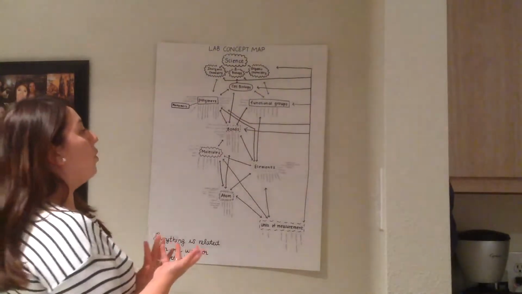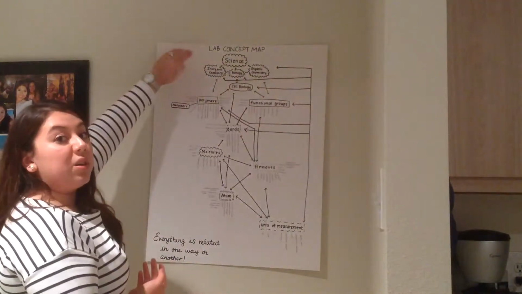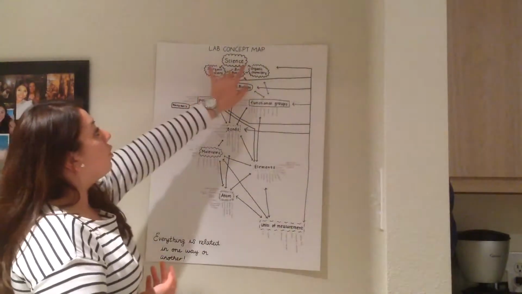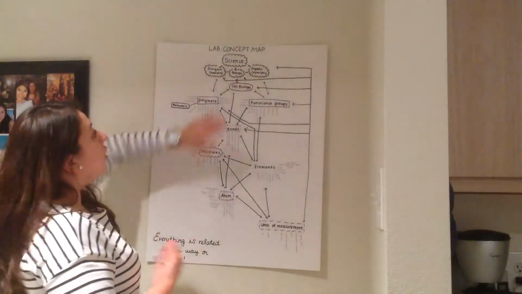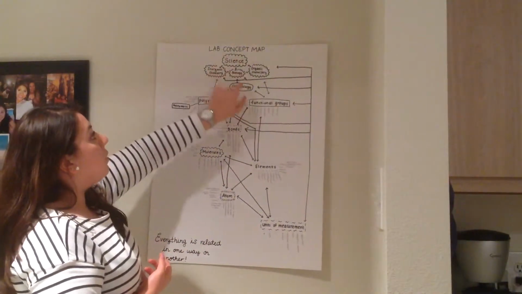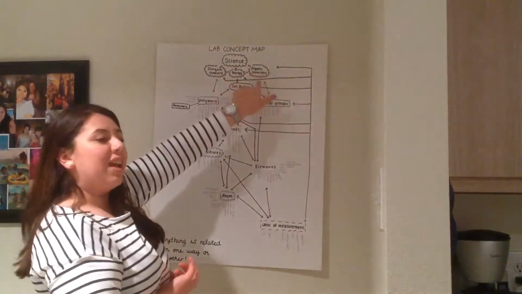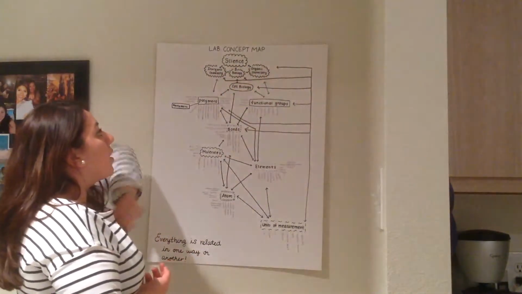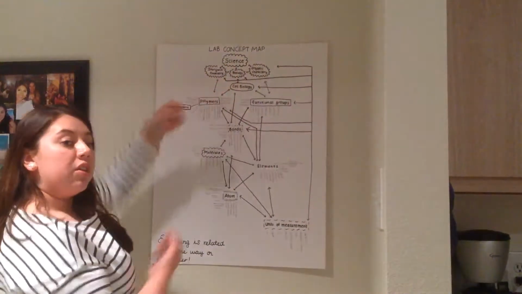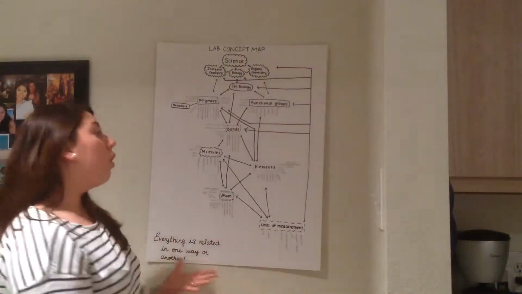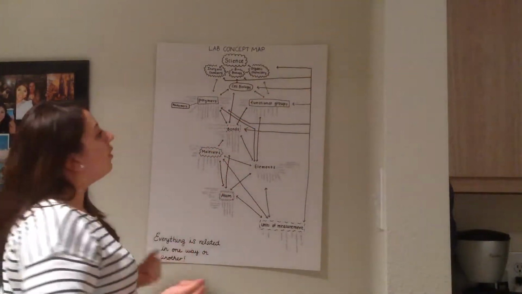So for example, although science was not a term that was included, I wanted to go ahead and include it that way. These three would be under that bigger umbrella. So it's science, and then organic chemistry, biology, and inorganic chemistry. Right under biology would be cell biology. There's a ton of biologies, so one of them would be cell biology, which is a little bit more specific.